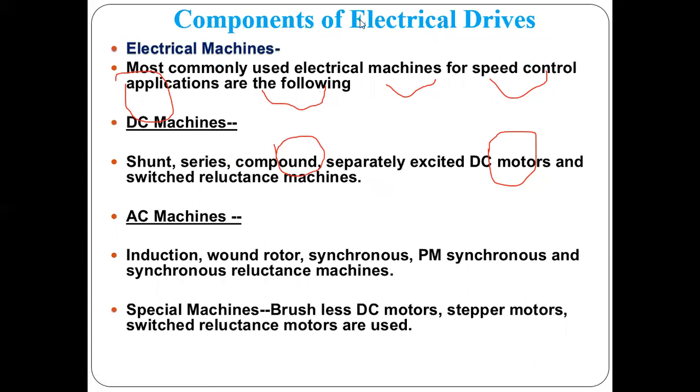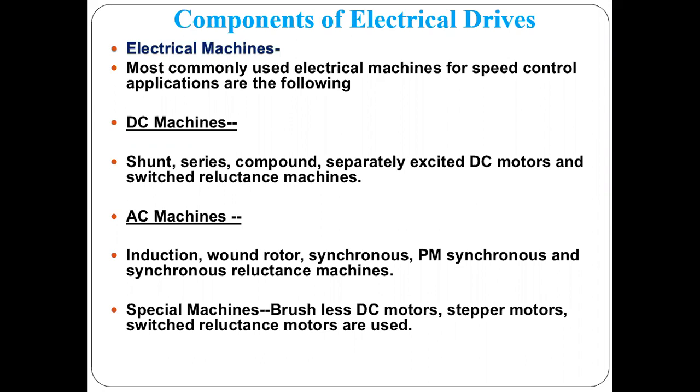According to the block diagram, these are the components of electrical drives. First, we can discuss the machines. The most commonly used electrical machines for speed control applications are the DC machine and the AC machine.